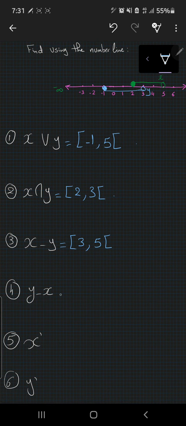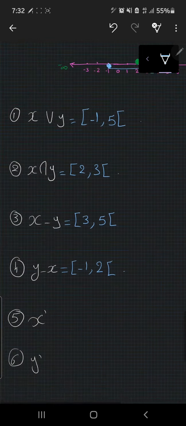Okay, y difference x also. The element which is in y and not in x. Start from negative 1, closed, 2 open. Because 2 belongs to x, so take 2. x complement.